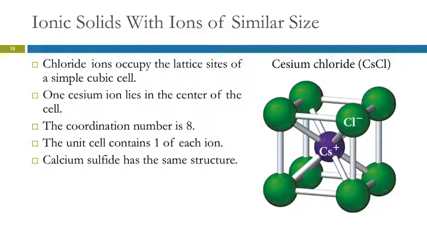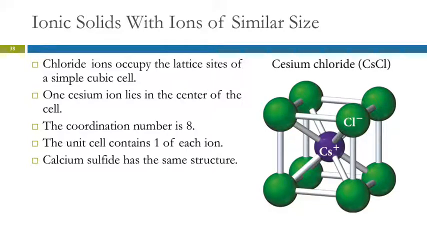So when we determine what structure these are, we're looking at one of the ions. So this would be simple cubic. The cesium is in between, in the middle of the cell. So this has a coordination number of 8 because this cesium is in close contact with 8 chlorides. Each unit cell contains one chloride ion and one cesium ion.